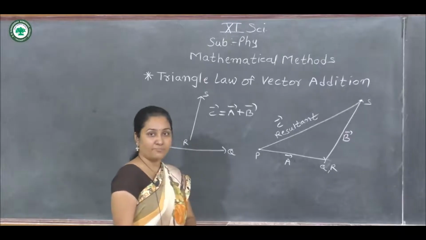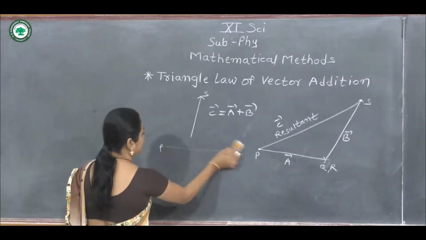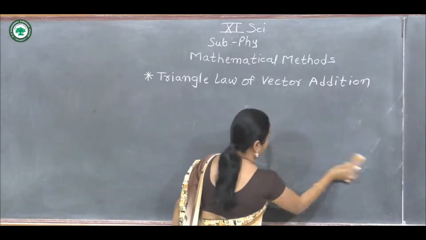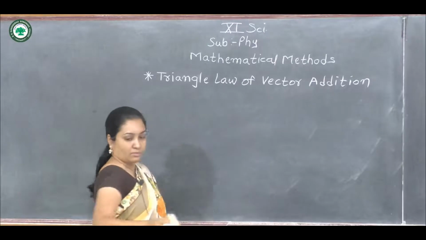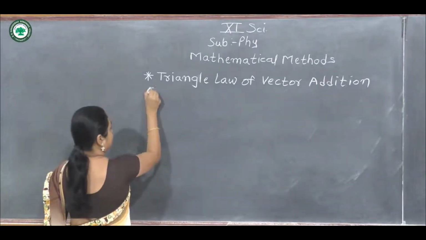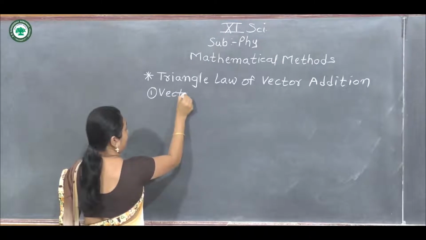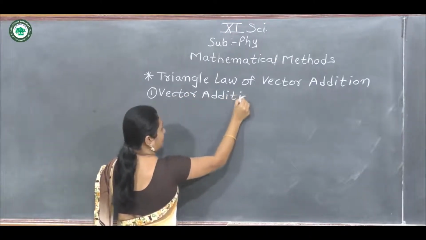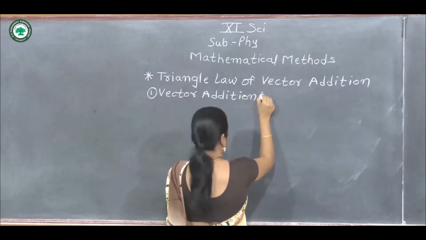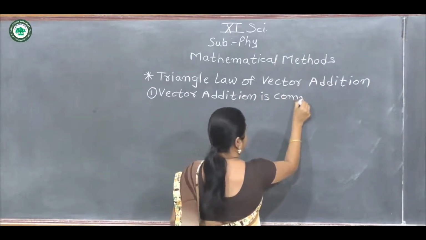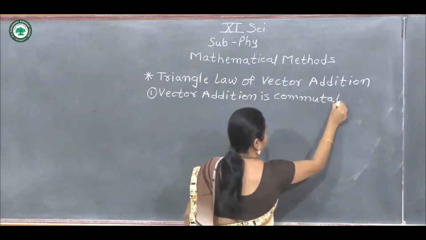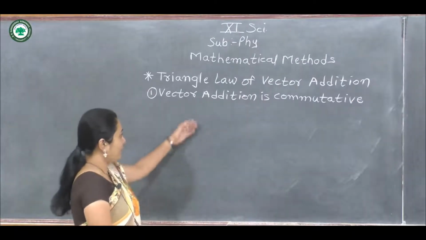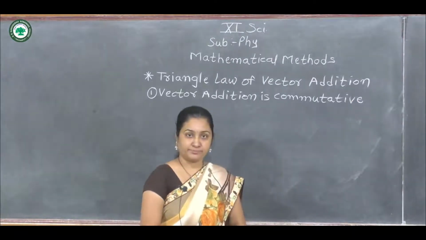So the first is that vector addition is commutative.